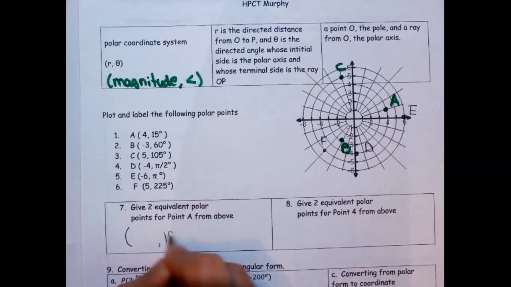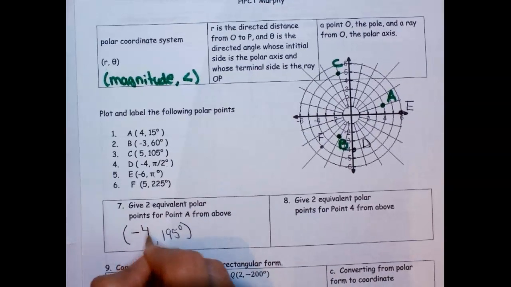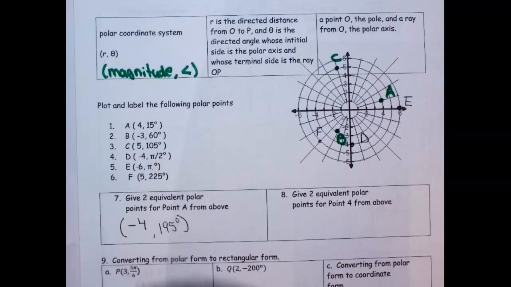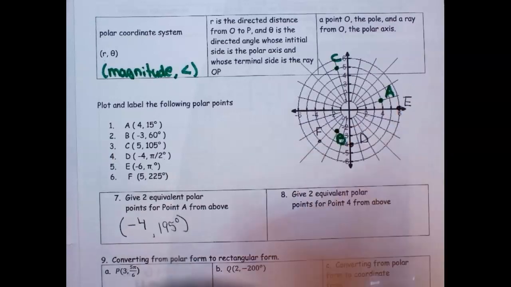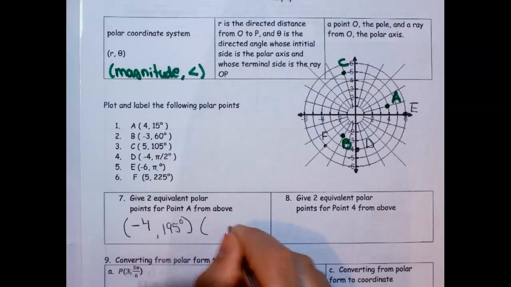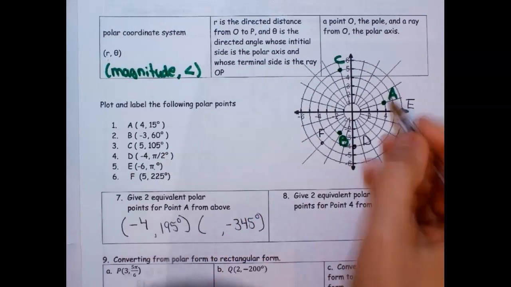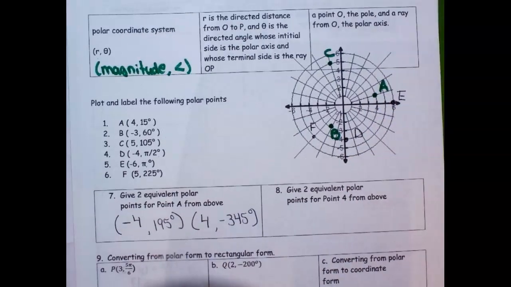So that would be 195 degrees, and I would do a negative 4. Another one I could do is go around in this opposite direction, so that would be a negative 345 degrees. And again, if I want to stay here, I would have a magnitude of 4.